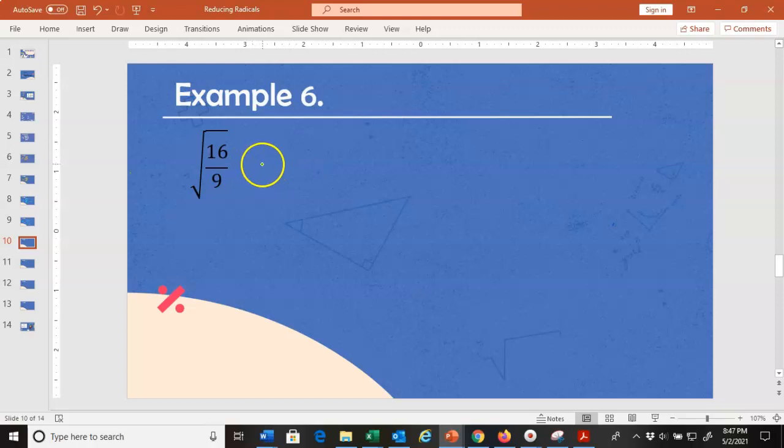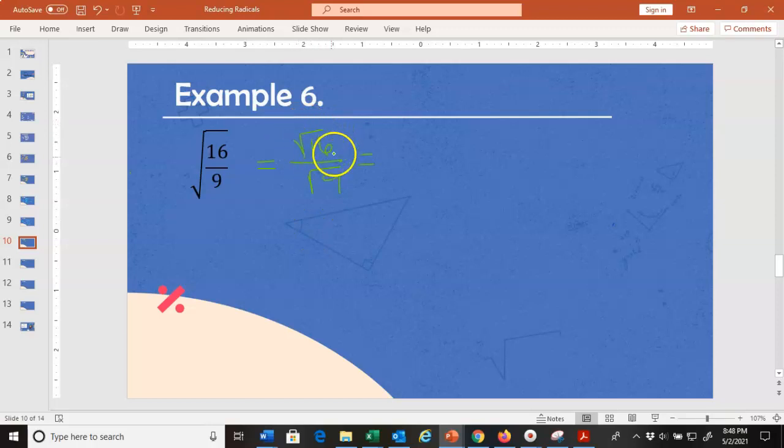So I just wanted to show you guys this because sometimes when people see this problem, they get a little confused, but it's really not too bad. When you see a huge radical bar like this, all you can do is rewrite it like this. The radical bar goes to each number. And then we can just work with the numerator and the denominator separately.